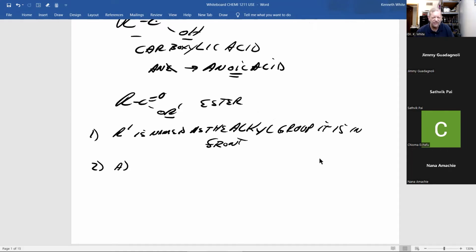There's 2A: name the carboxylic acid used to make that ester. Then from that name, drop the letters IC and the word acid, and add ATE. The carbonyl carbon is number 1, and you don't need to have a number there.